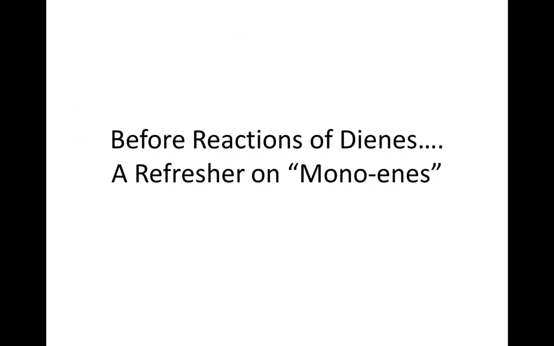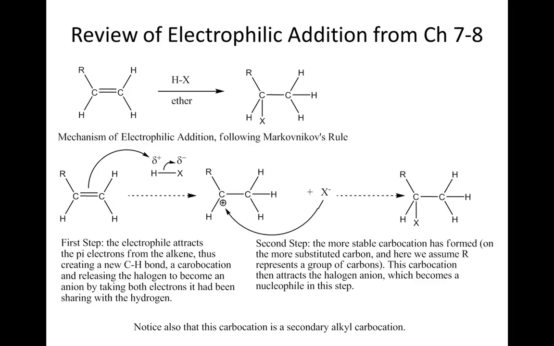So before we start talking about the reactions of the dienes, I want to just give you a little refresher on alkenes, which I'm going to call monoenes to be parallel with dienes. So this is back in chapter 7 and 8. We talked about alkenes, and we started off, pretty early in learning about reactions, the electrophilic addition of molecules of HX, so hydrohalogenation.